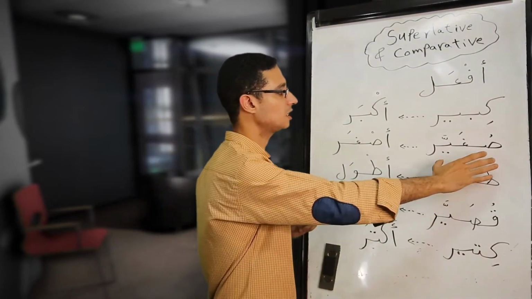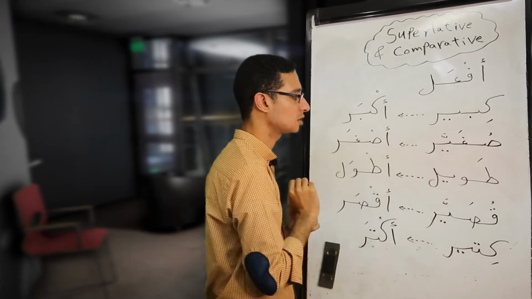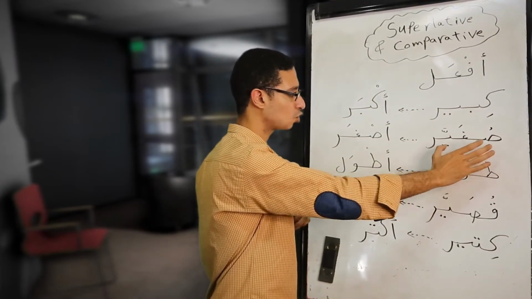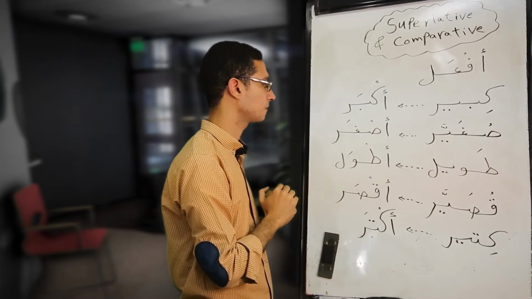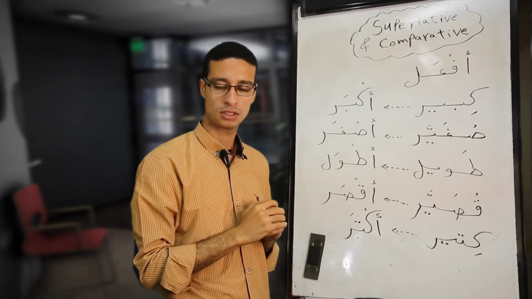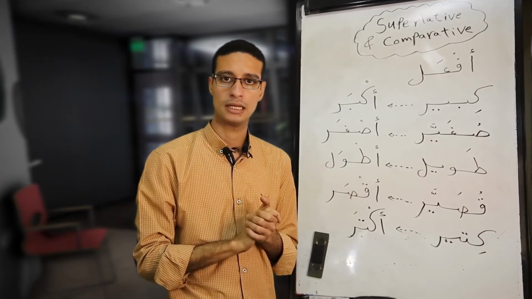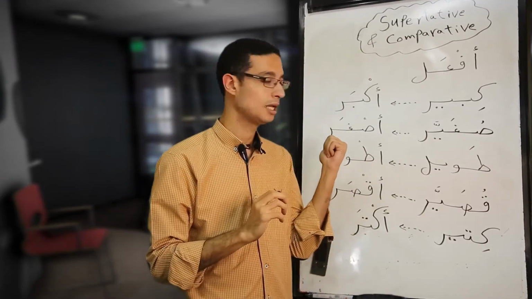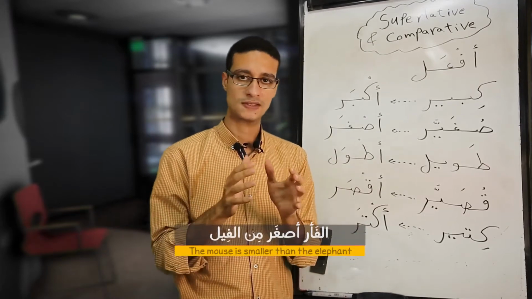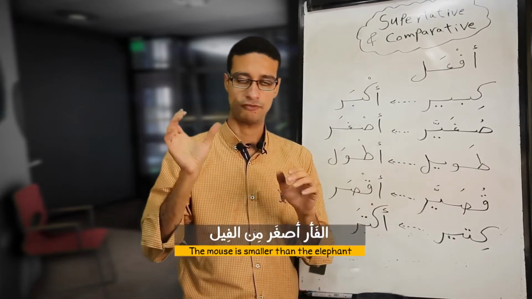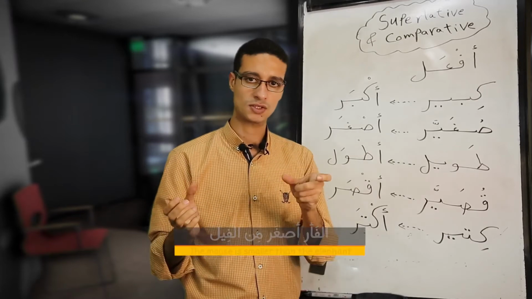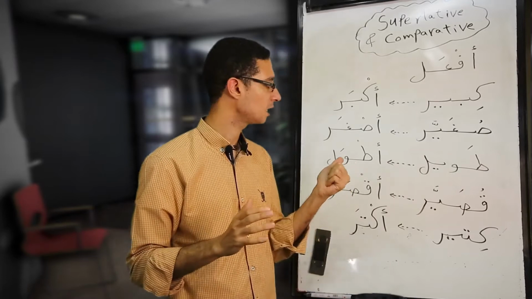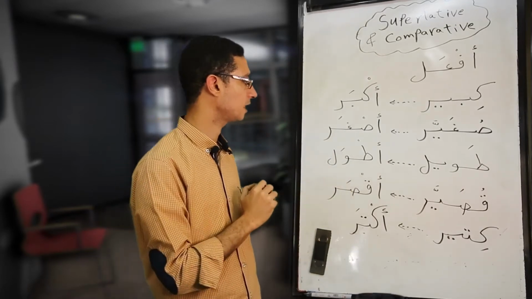Okay, the next one is صغير, small or young in age. صغير becomes أصغر, so smaller or younger. So for example, الفار أصغر من الفيل. الفار, the mouse or the rat, أصغر من الفيل is smaller than the elephant.